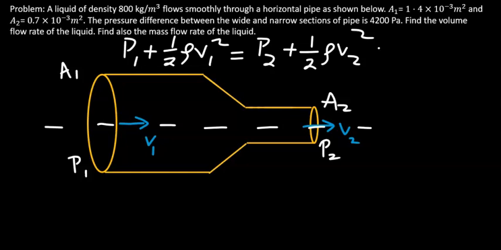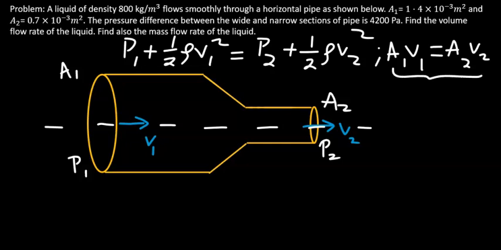We also know from the equation of continuity that A1 V1 equals A2 V2, namely the flow rate in volume per second must be the same at both cross-sectional areas.